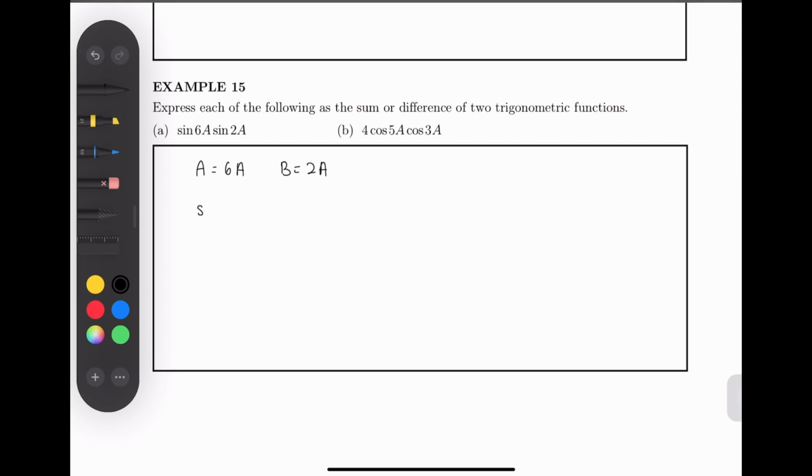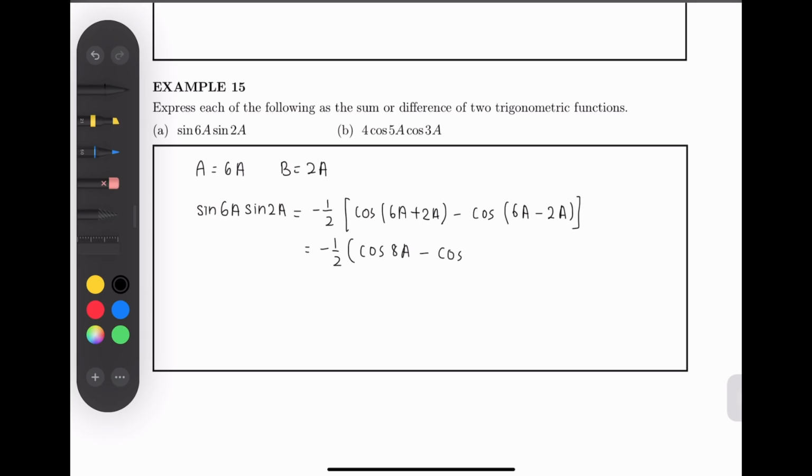The formula for this one is sine 6A sine 2A equals negative 1 over 2 [cos (A plus B), so that will be 6A plus 2A, minus cos (A minus B), which is 6A minus 2A]. Simplify to get cos 8A minus cos 4A.